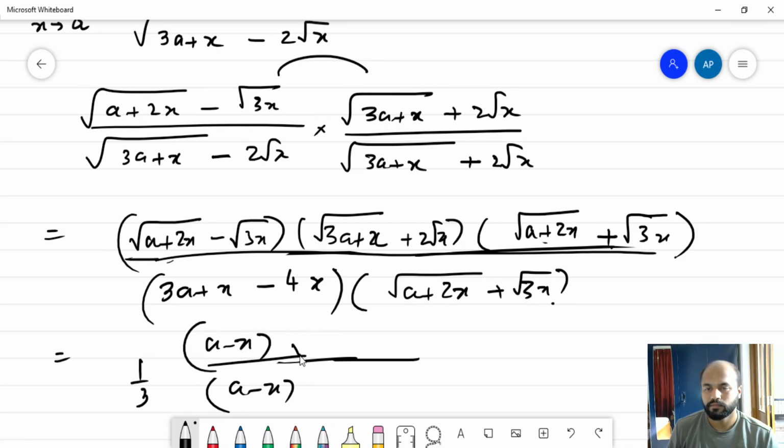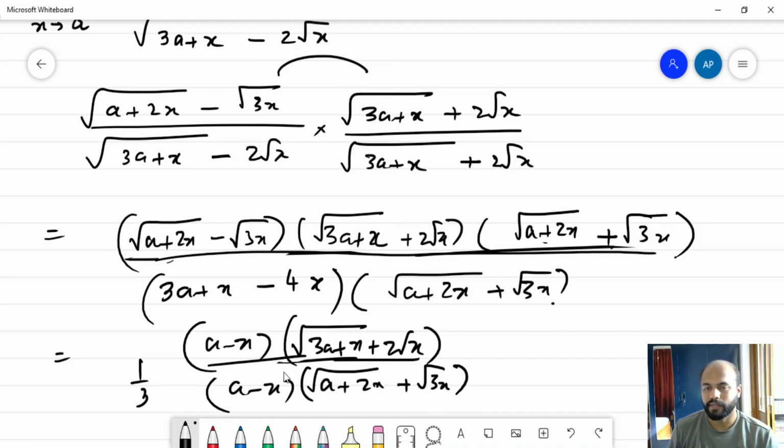And this term 3a plus x plus 2 root x, and the other term, that is a plus 2x plus root 3x, this is kept as it is. So the problematic term goes, and now we can substitute x equals to a.